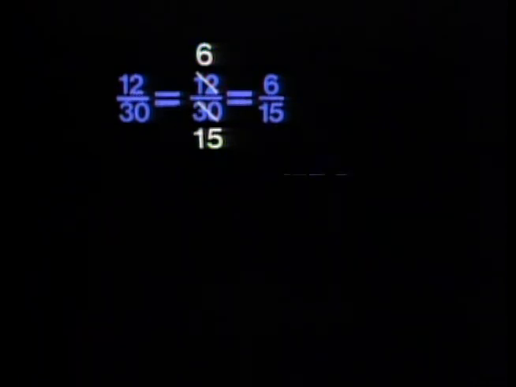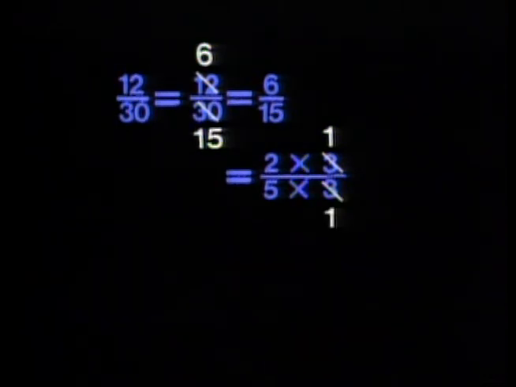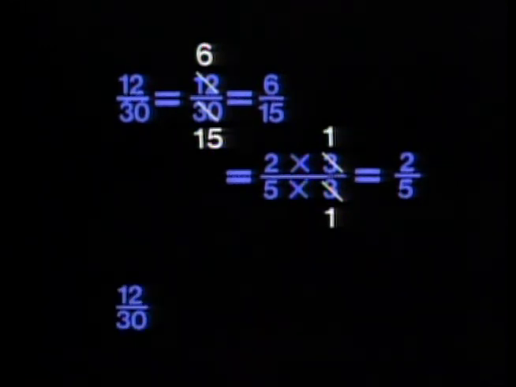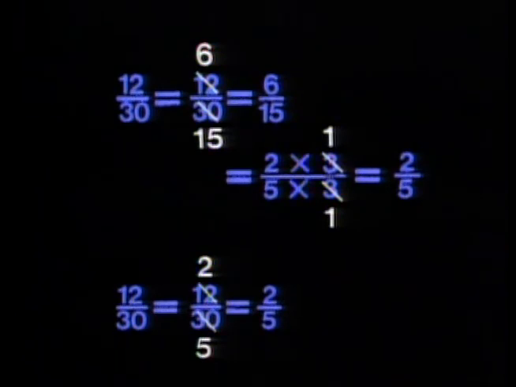Since 6 equals 2 times 3, and 15 equals 5 times 3, we can also divide through by 3. The final result is 2/5. Returning to the original fraction, 12/30, we could have done the job in one step, dividing through by 6. But the two-step method isn't wrong.